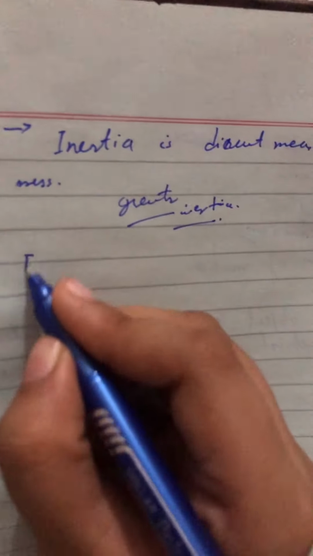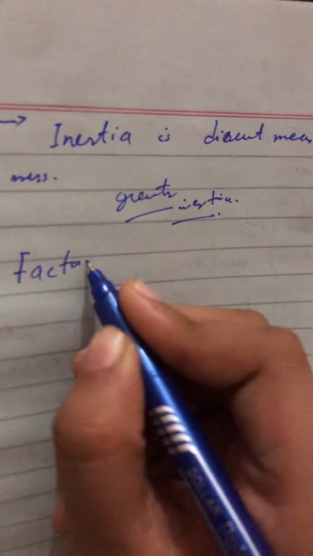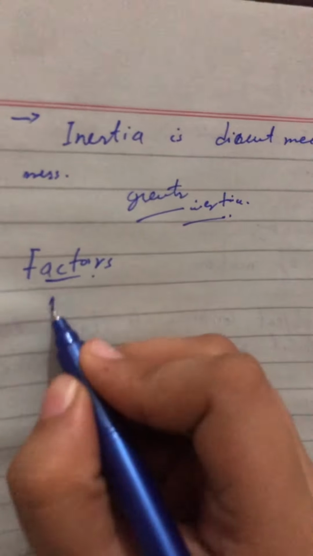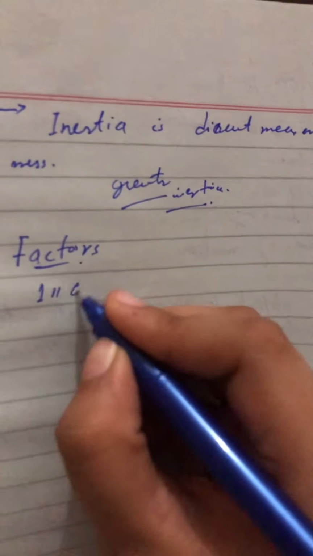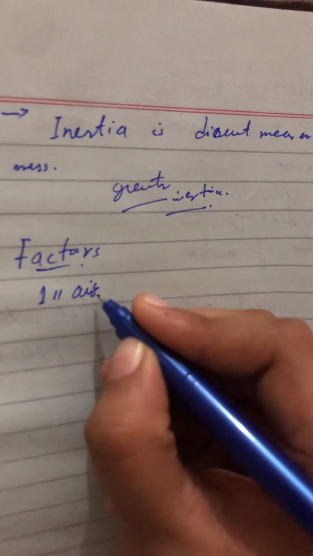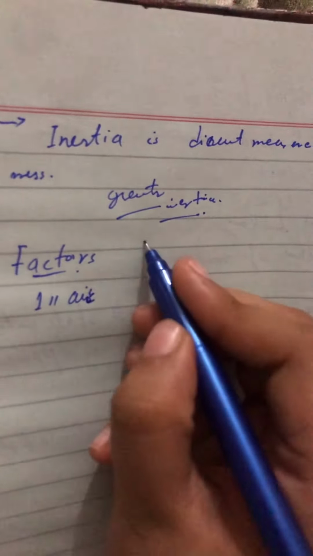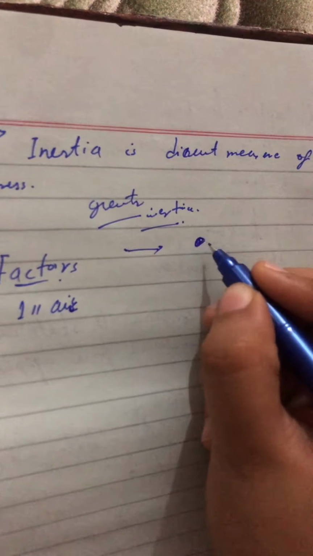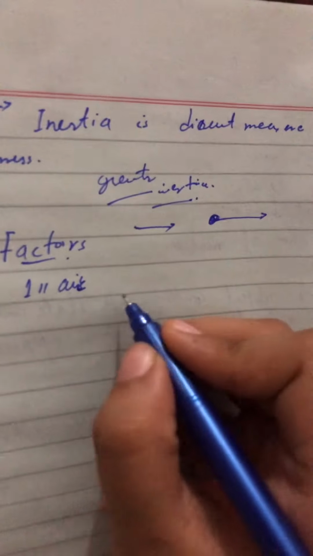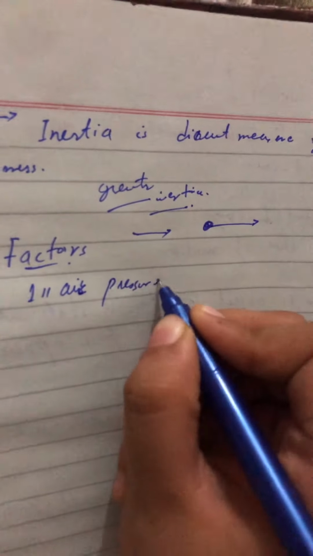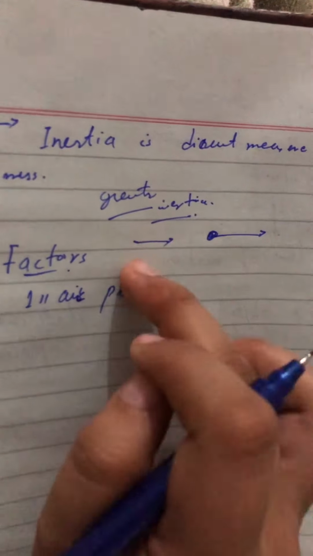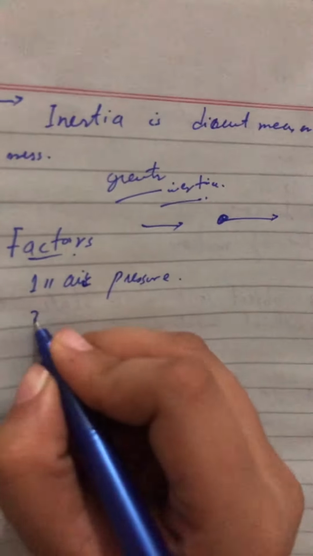Now, what are the factors of the first law? Number one is air pressure. Air pressure is a factor when a body goes from rest to motion, and it maintains the position from rest to motion.